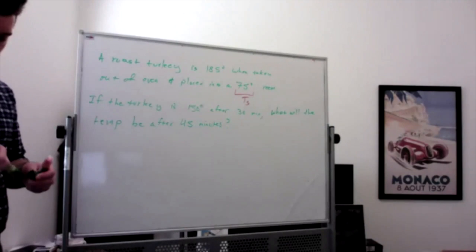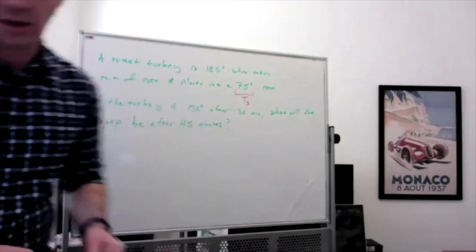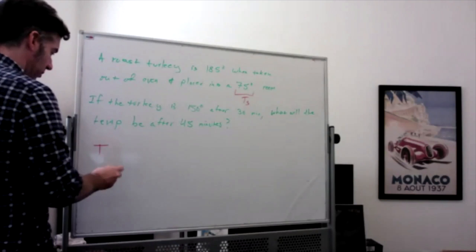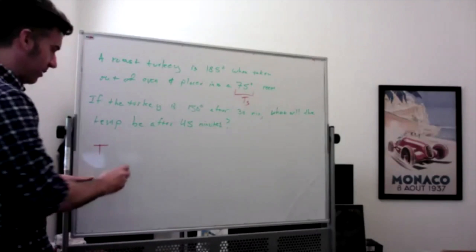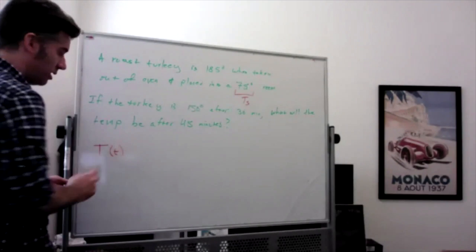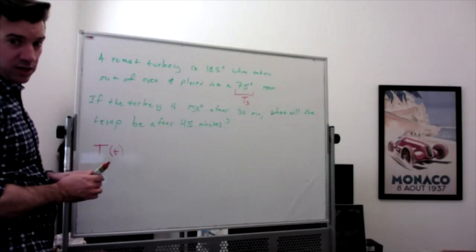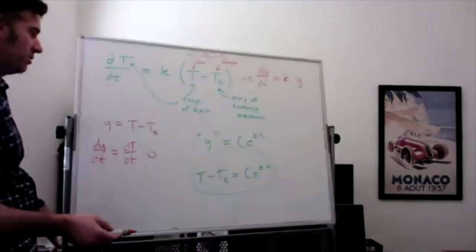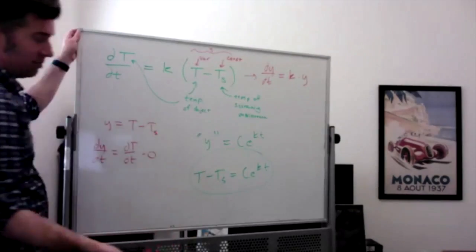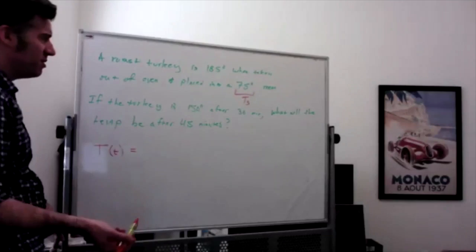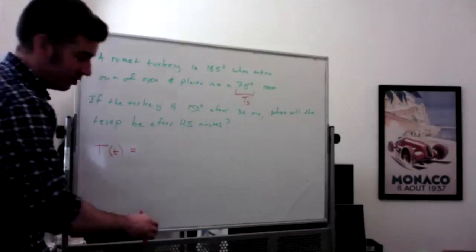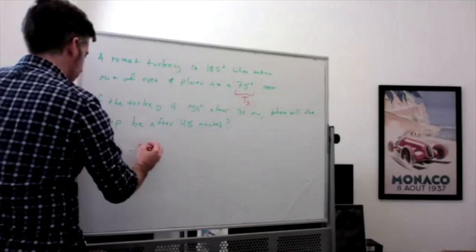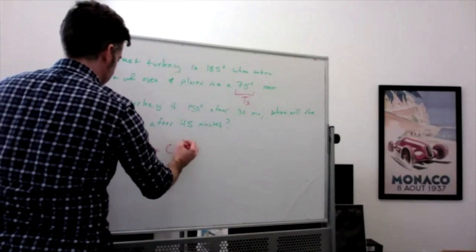Okay, so let's set this up. Here's what we know. The temperature of the turkey, which is a variable, sometimes people write this as capital T of little t. The temperature of the turkey at time t is, again, just this formula: the temperature minus the surrounding temperature equals C e to the KT.